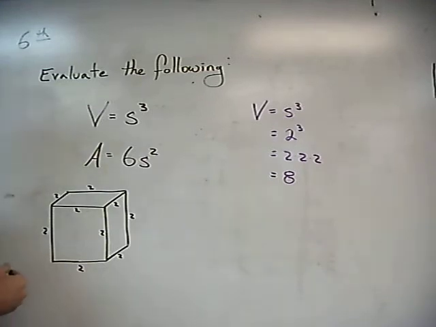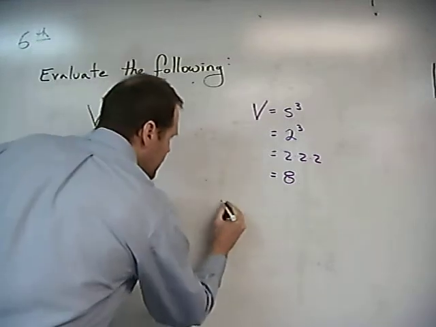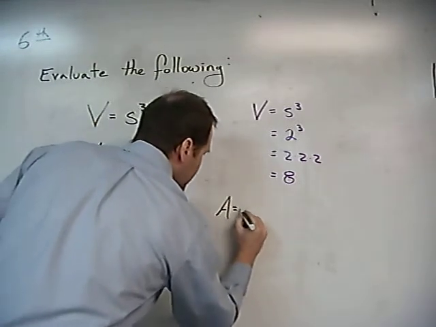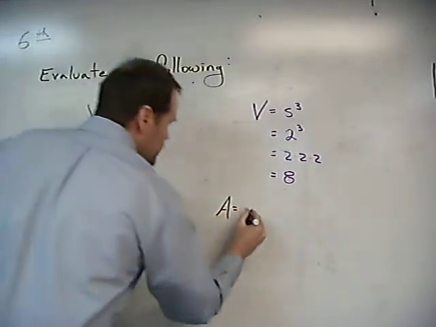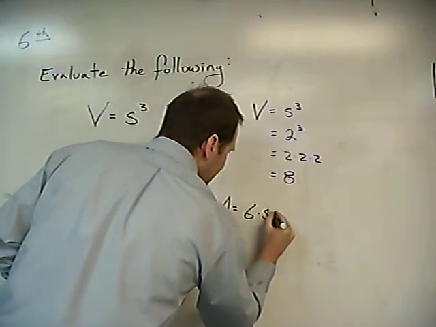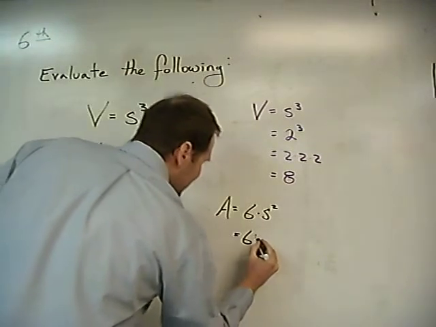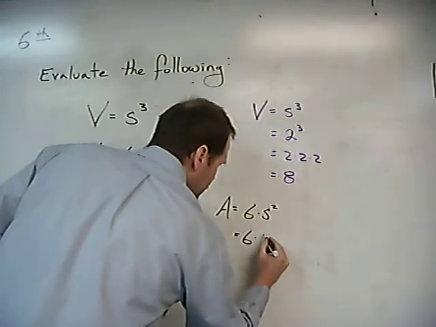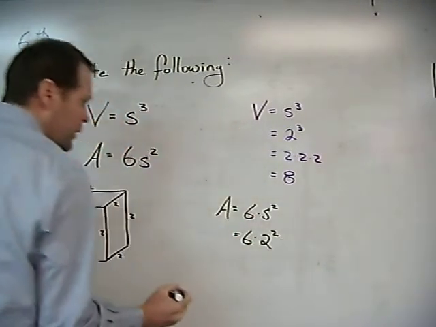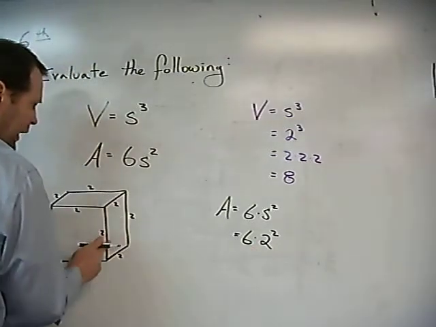For area, this is looking at our surface area. This is looking at the surface area of the cube, which is equal to 6 times s squared. Looking at that formula, area or surface area is going to be equal to 6 times s squared, which is 6 times 2 squared. 2 is our side length.